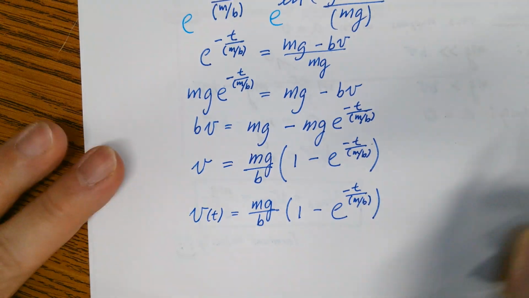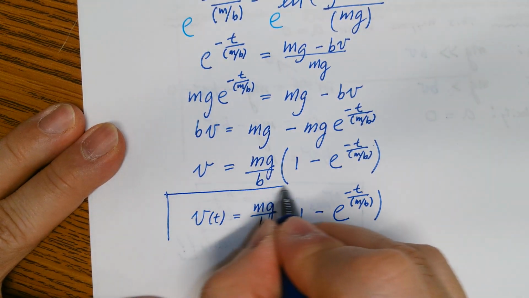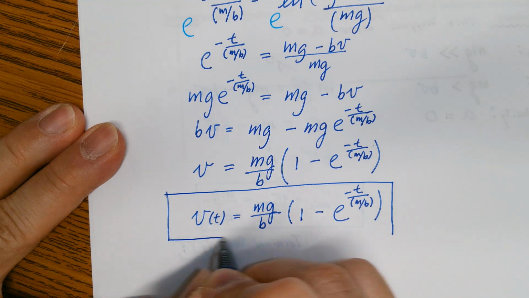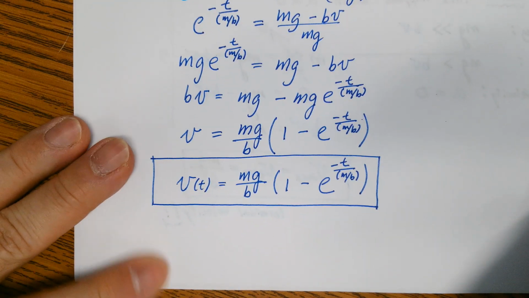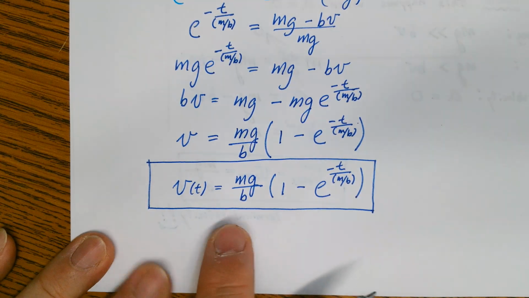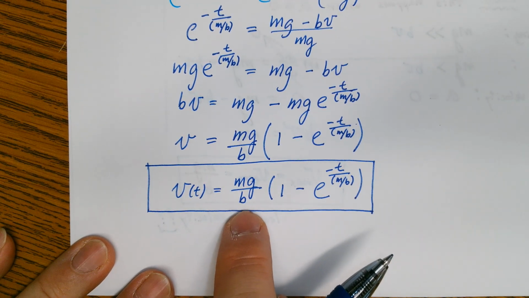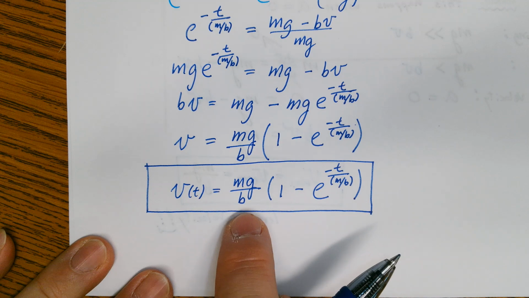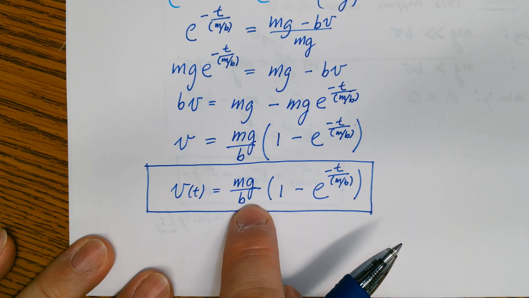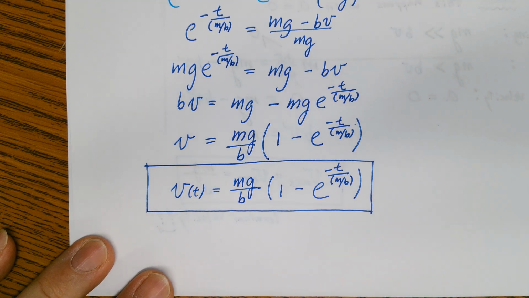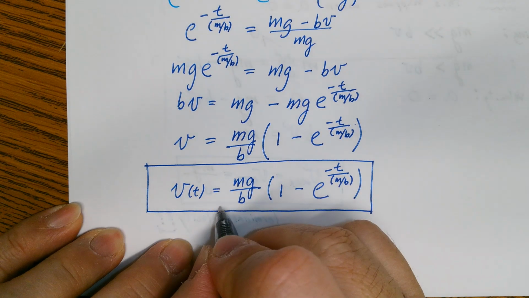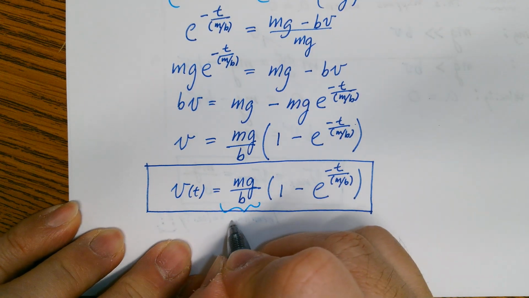That is my function of velocity with respect to time. This should look familiar. mg over b, what is that? That's my terminal velocity.